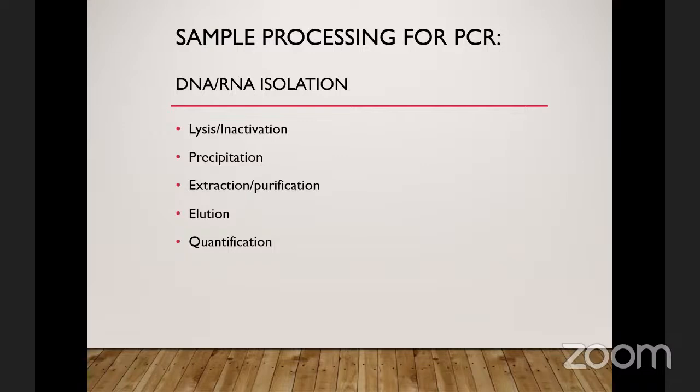After extraction, we do elution, which is releasing only the pure form after all of the extraction procedure. Then we do quantification, which is checking the concentration of the DNA or RNA that we extracted. Next slide, please.